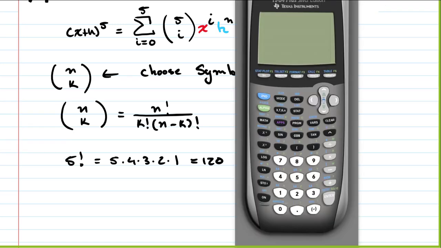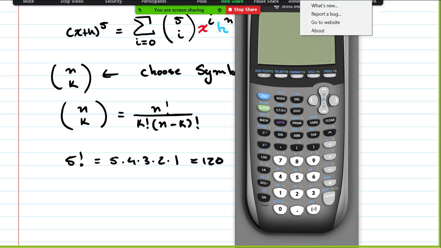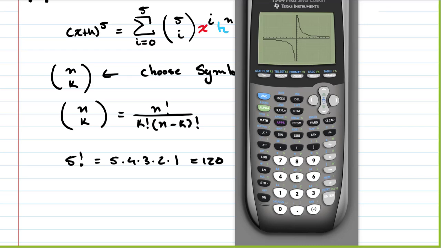The good news is our calculator can actually calculate these for us. So let's talk about where we can find these symbols on our calculator. If we press our math key and move all the way over to PRB under math, which stands for probability, our calculator uses a slightly different notation, which is choice number 3.